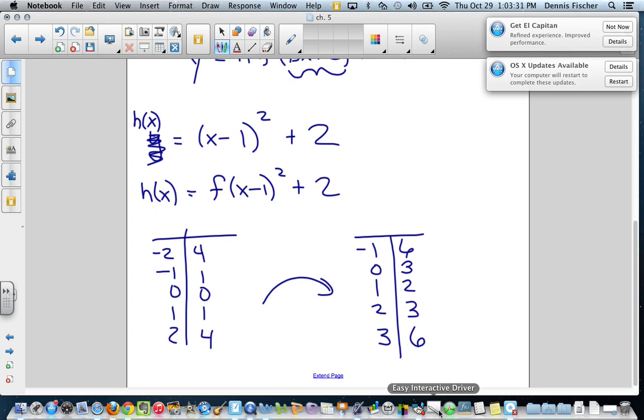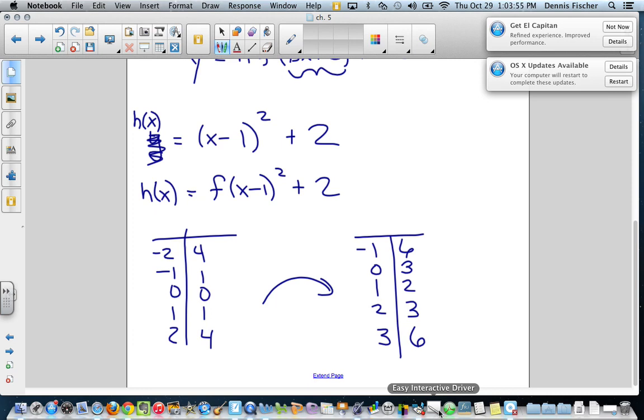With the order of which one you're doing, it's basically like order of operations, parentheses first. Inside the parentheses, I always do the horizontal shift first.